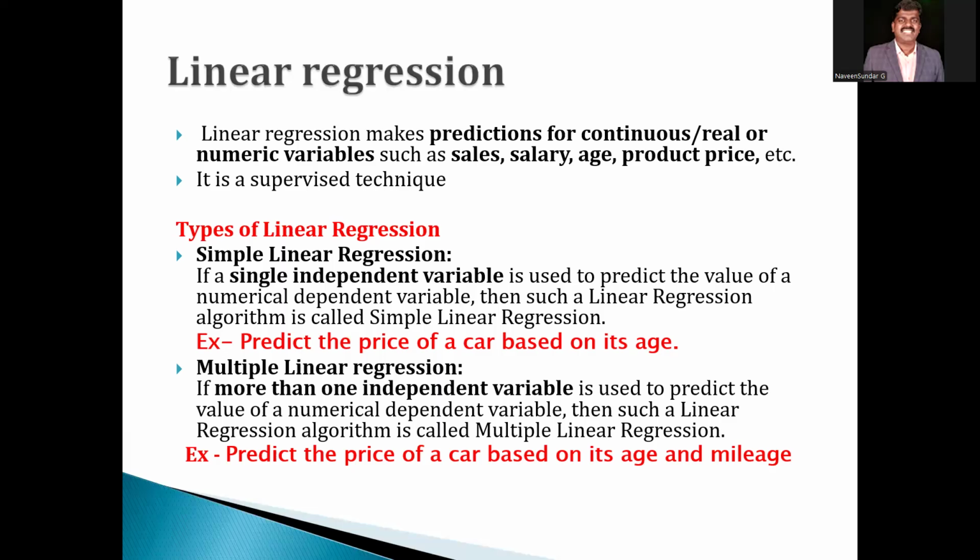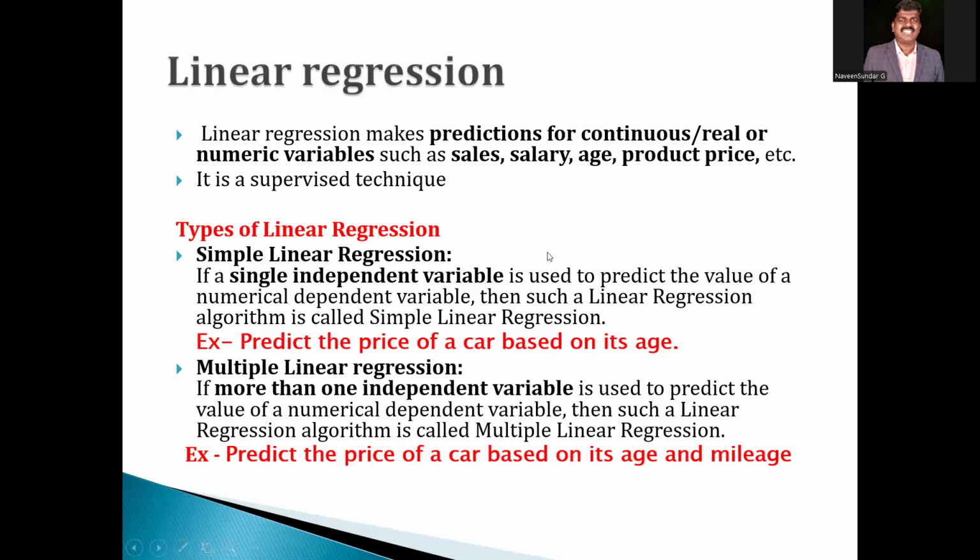In simple linear regression, you have one independent variable and one dependent variable. It is mainly used to predict the value of a numerical dependent variable. Such a linear regression we call simple linear regression.